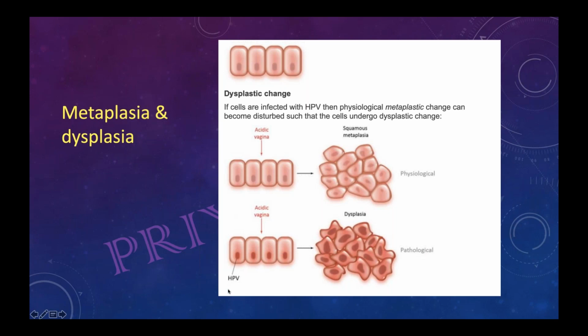Now it is also important to understand why the guideline has changed. Previously in the guideline, the primary thing they were doing was the smear. They were trying to find out all these changes in the cervix. But now, what update has come in the new guideline? Instead of checking the cells, they have moved a step ahead.